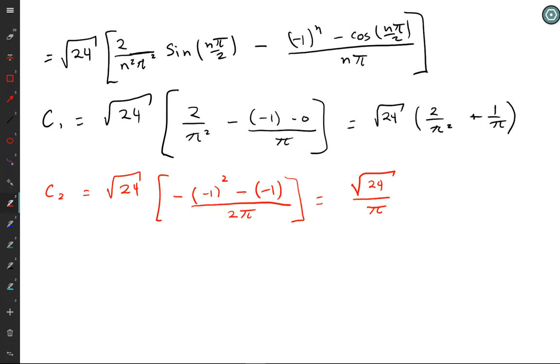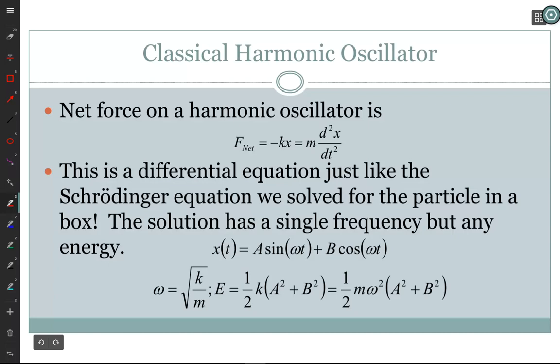Yeah, the sum of them squared. That's right. So I have a mistake somewhere, and it's kind of futile to calculate the third one if I realize these aren't right. So I'm going to move on to the next slide, and I will come back and show you where I made my error tomorrow.